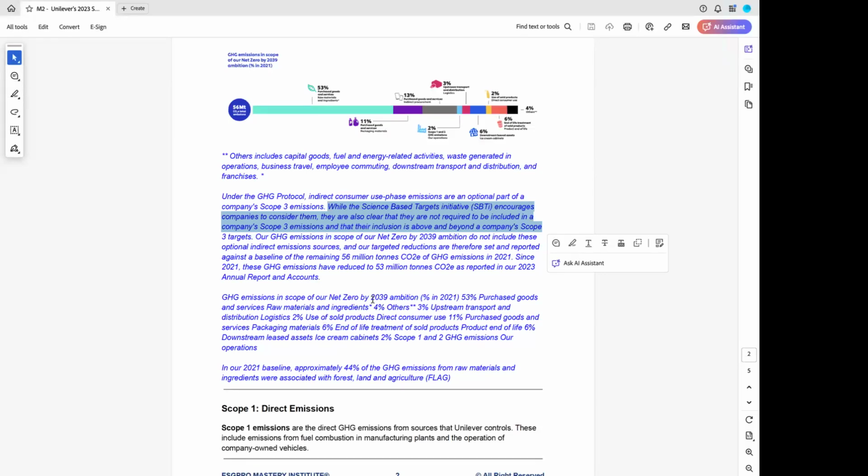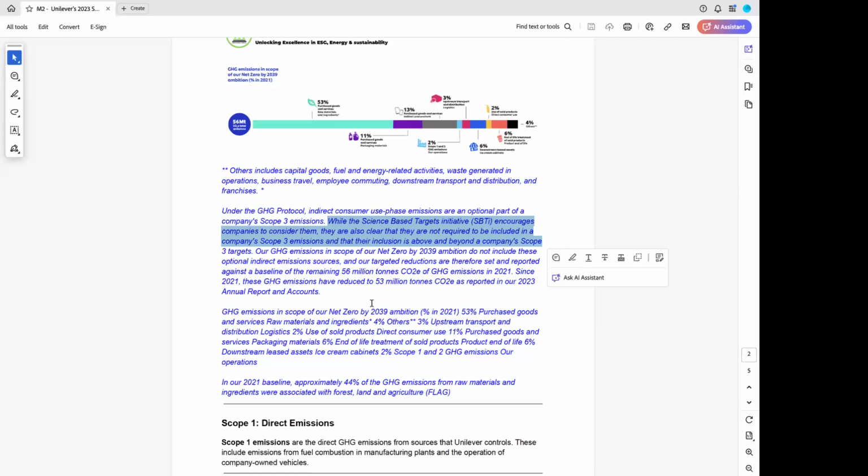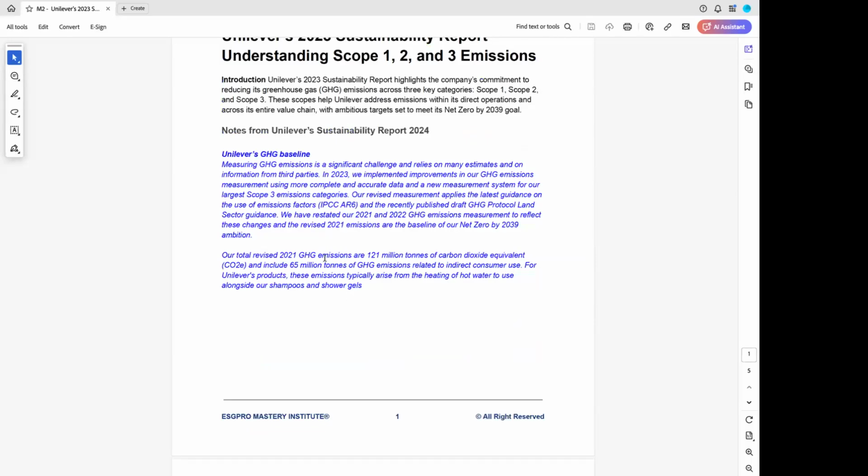I just glanced through it. I didn't pay attention to the numbers, but one thing I noticed is that in scope one they had mentioned the emissions through shampoos and shampoo bottles, and the same they have repeated in scope three. So I understood that in scope three they are trying to say that whenever people use shampoos or shower gel, heating water, something is used.